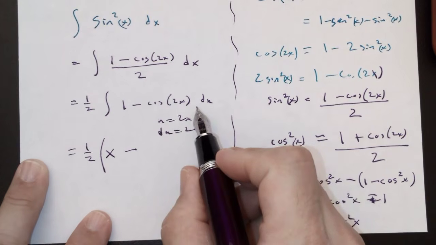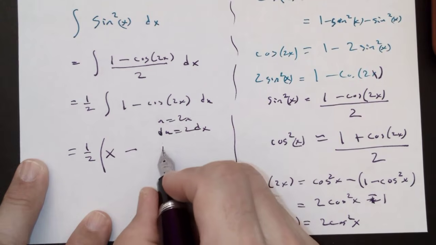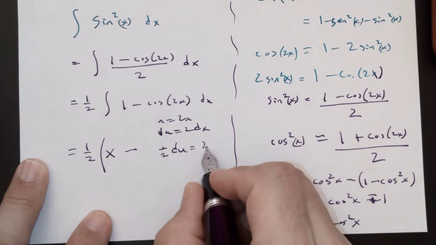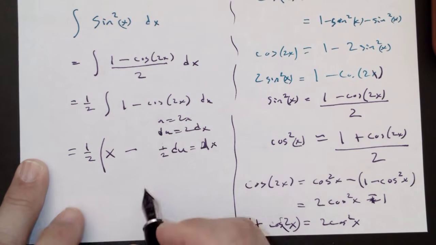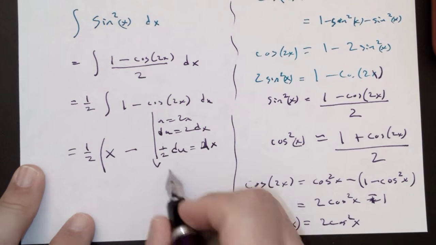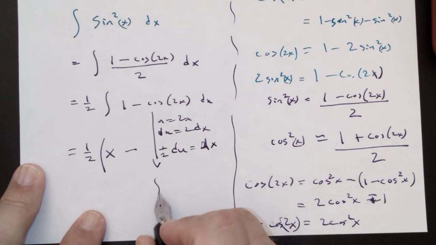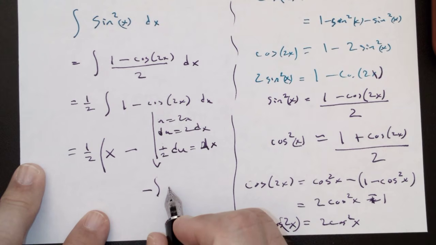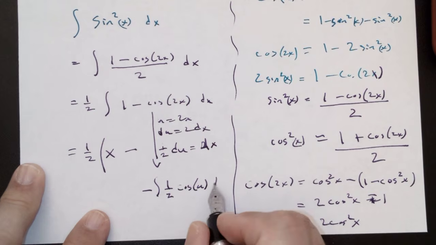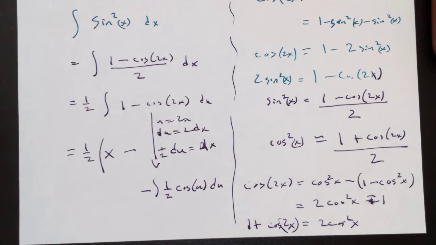Do I have a 2 next to my dx? 1/2 du equals just dx. So I get the integral of 1/2 cosine u du. It's the integral of cosine u. The integral of cosine is sine.